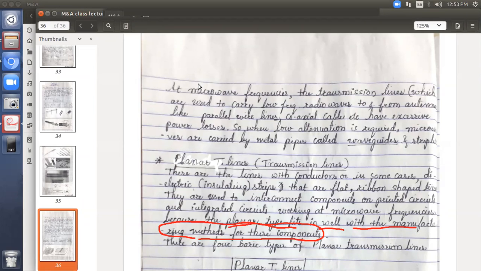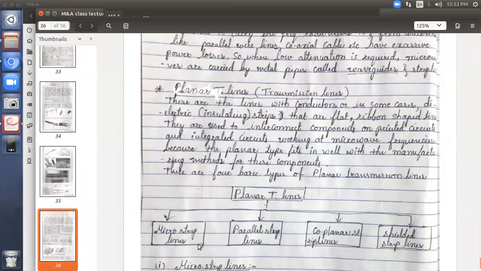So there is a reason why we are going for this. Because the manufacturing process fits well for these components, strip lines have been preferably used for microwave frequencies.